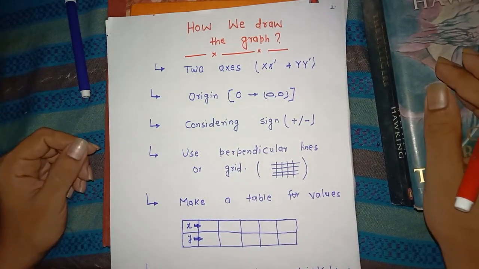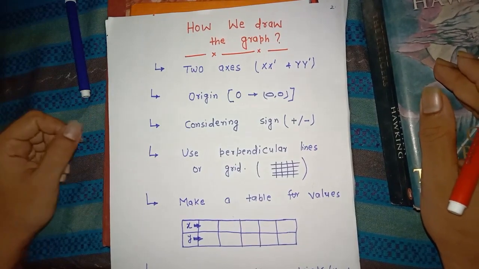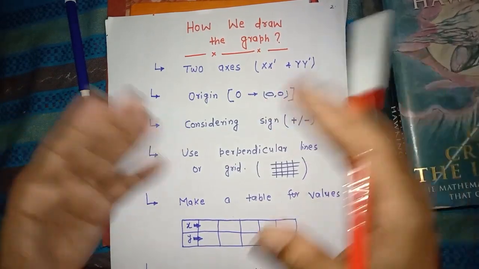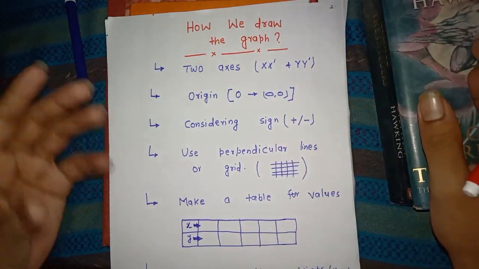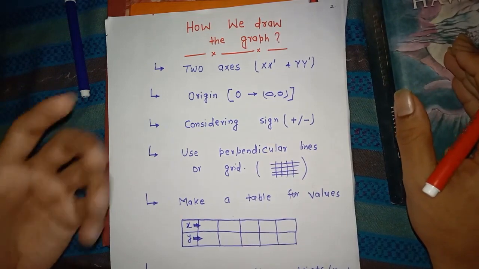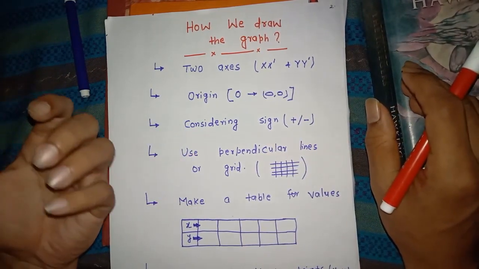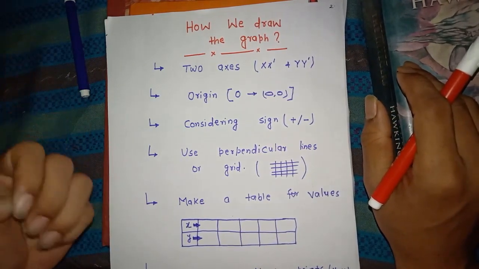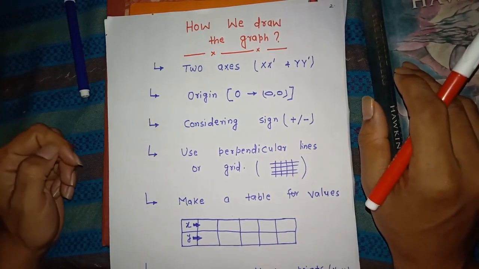And you have to consider the signs, positive or negative. If we go eastward from the origin, we take it as positive, and in the westward direction from the origin, we take it as negative. In the same way, in the vertical axis, which is called y dash, the upward direction is taken as positive, and the downward direction is taken as negative.